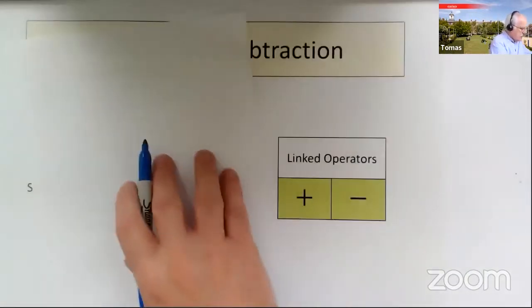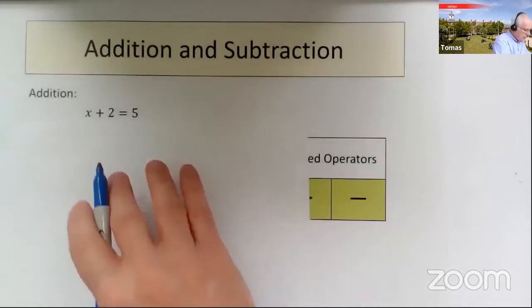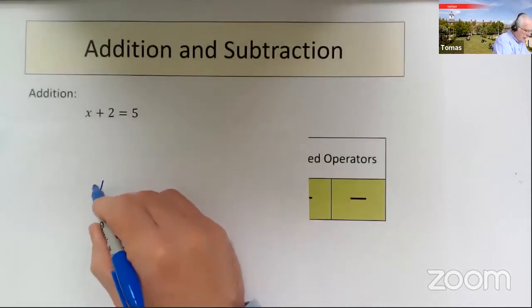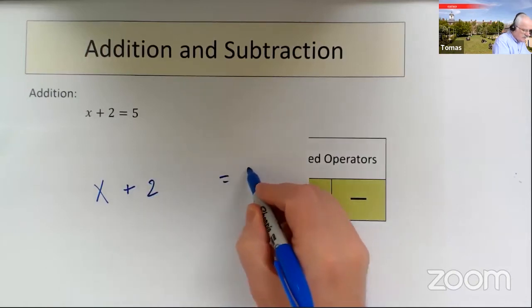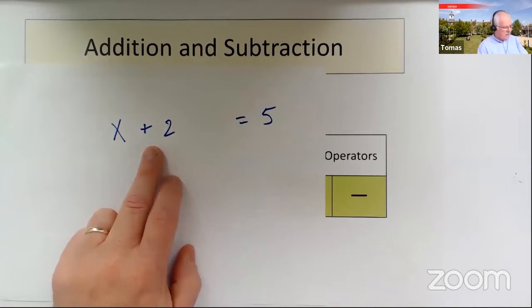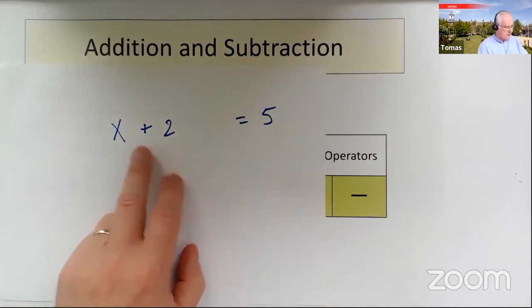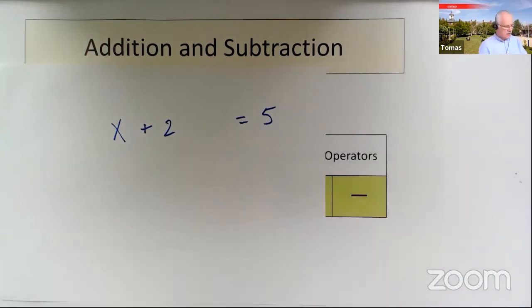Well, what we could say is x plus 2 is 5. Well, you say, I don't like plus 2 on this side. I'd much prefer if it was just x. So what's the opposite of plus 2?